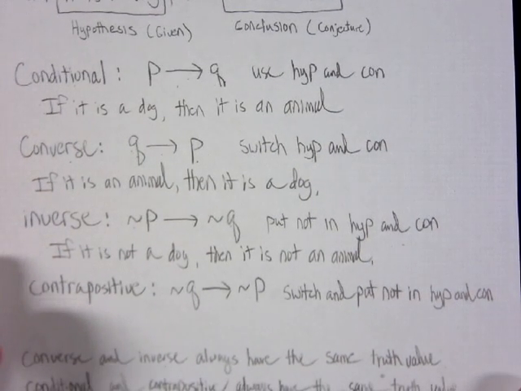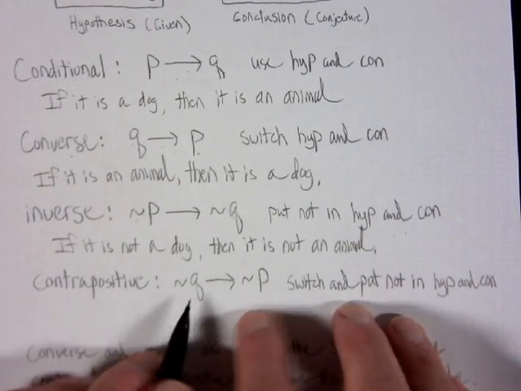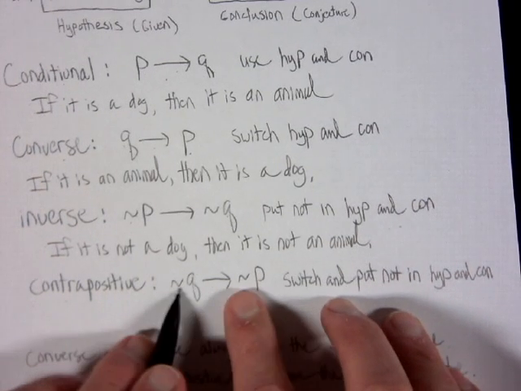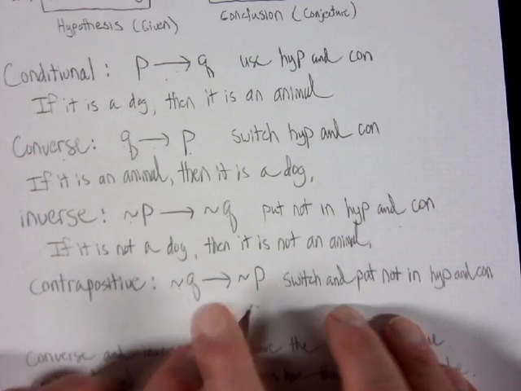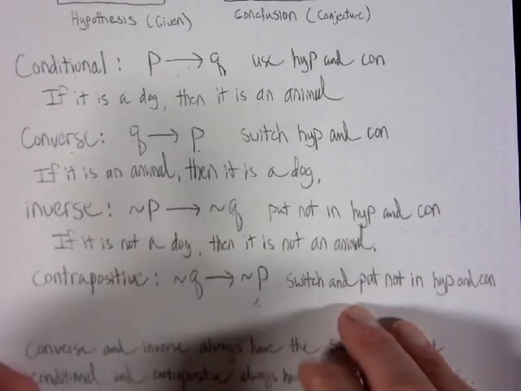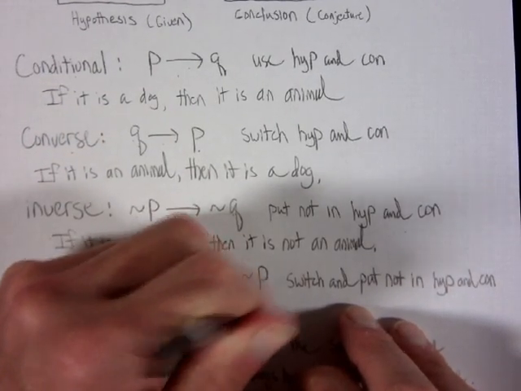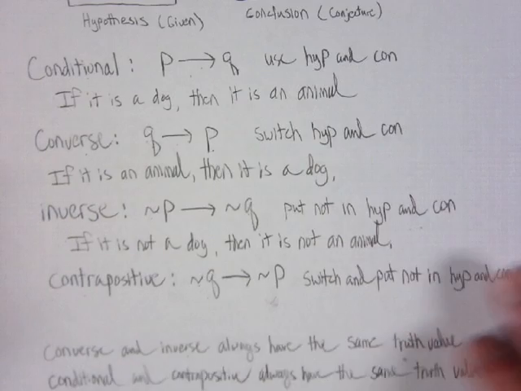And the contrapositive is formed by switching and putting not into both. You switch the hypothesis and the conclusion, then you put not into both. That's how you form what is known as the contrapositive.